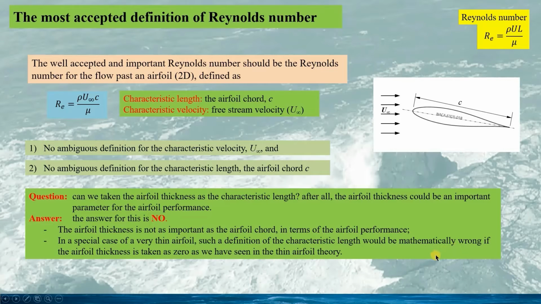In a special case of a very thin airfoil, the definition of the characteristic length using the airfoil thickness would be mathematically wrong if the airfoil thickness is taken as zero, as we have seen in the thin airfoil theory.